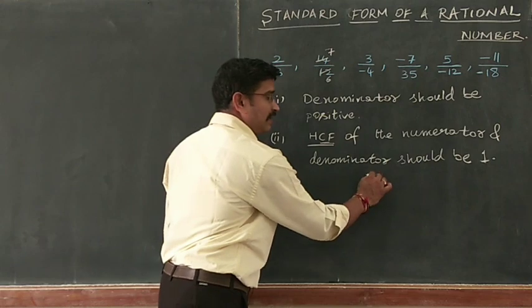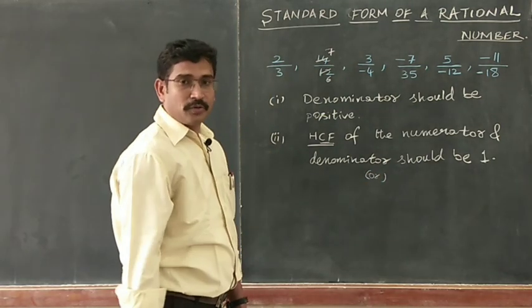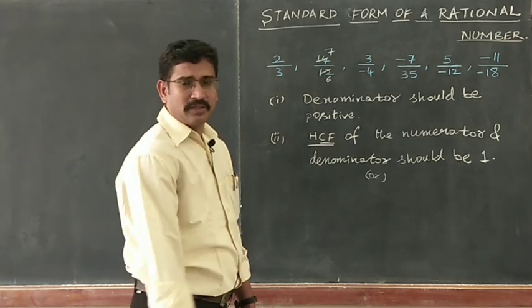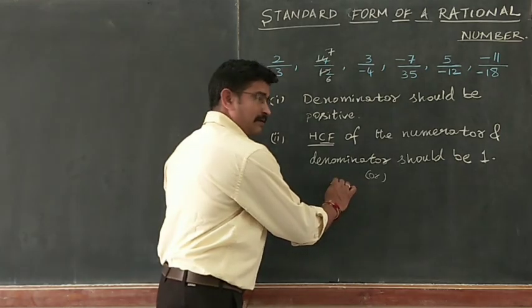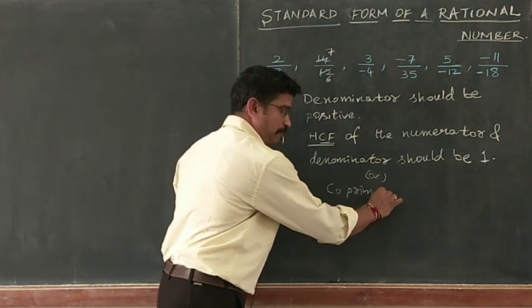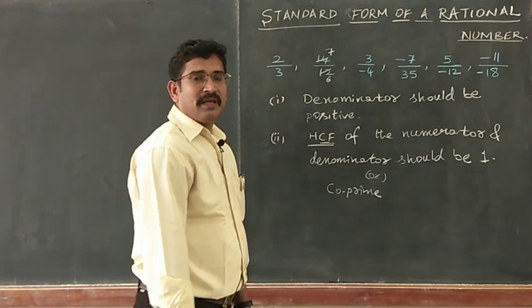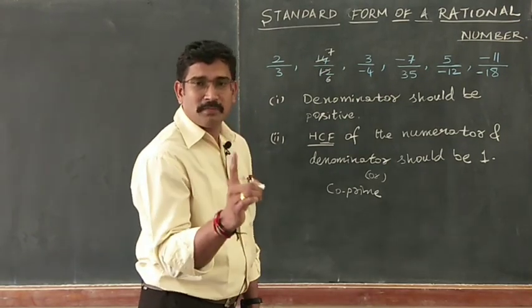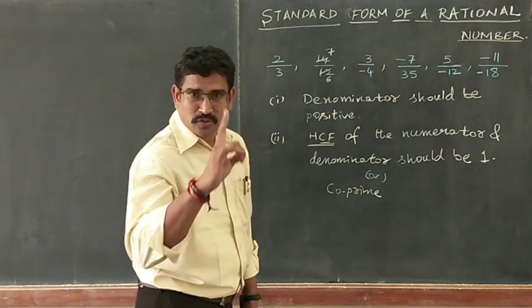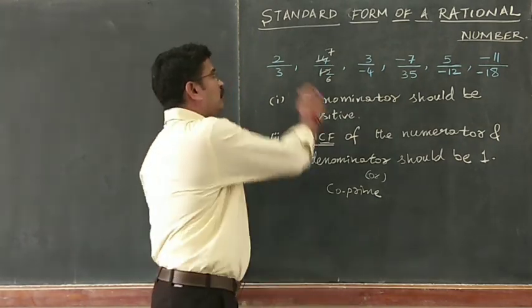In another term, in class 9th or 10th you are going to learn the word co-prime. What is the meaning of co-prime? If the HCF of any two numbers is 1, then those two numbers are called co-prime. Here 2 and 3 are co-prime.